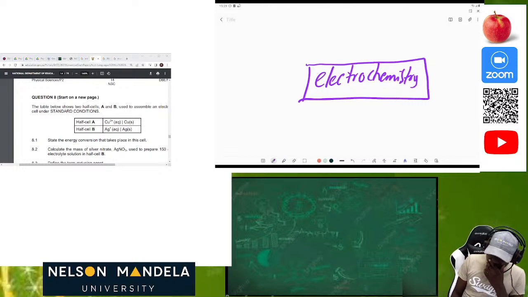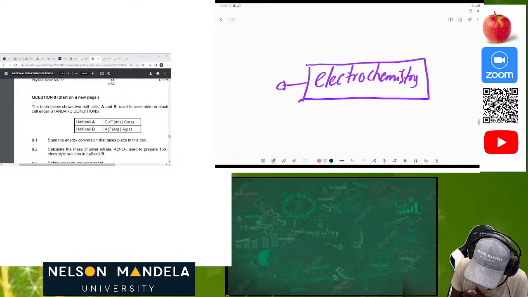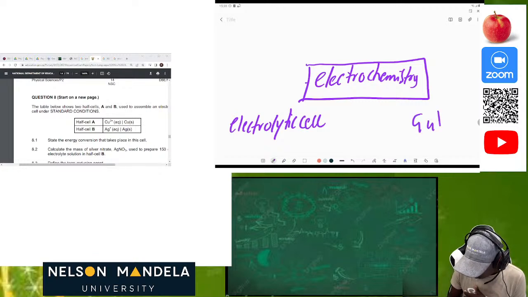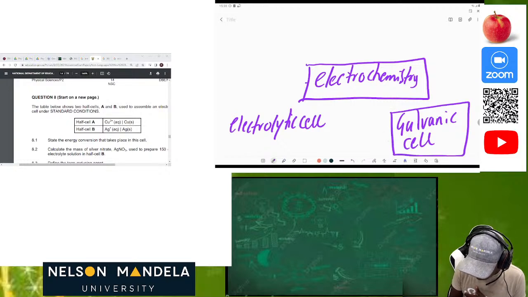Electrochemistry consists of the electrolytic cell, as well as the galvanic cell. So we put them down, because we are doing our mind map.